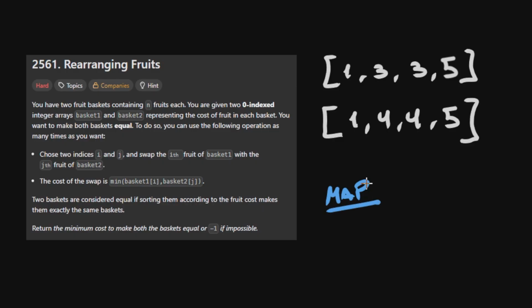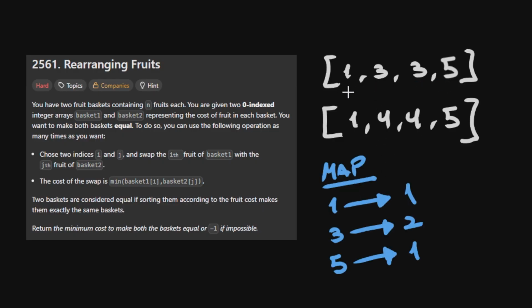So we create an empty map, and first we are checking these frequencies. So here we see number 1, 2 3s, and 1 5. And remember, here we are adding the counts and here we are subtracting the counts. So now we are adding these frequencies, subtracting counts in the map.